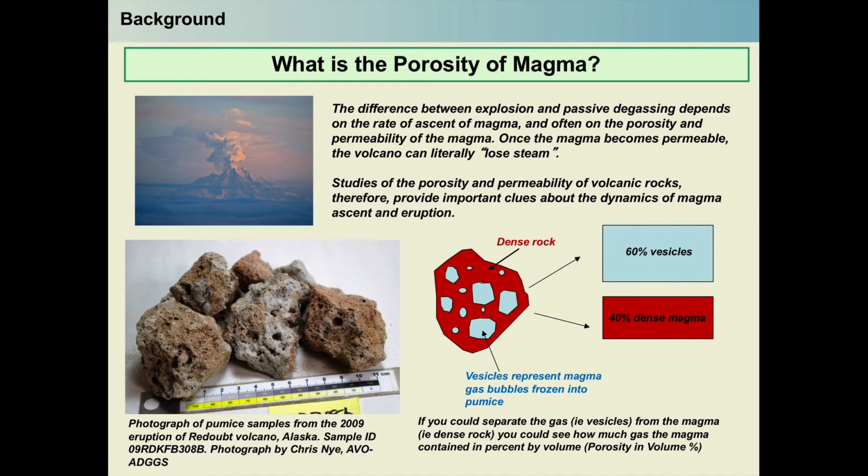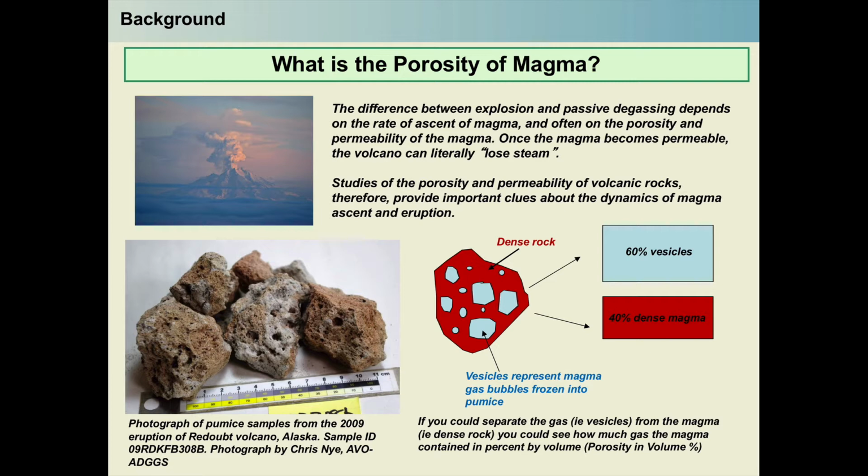When you have an explosive eruption and that magma fragments and forms pumice, the pumice is full of holes, like shown in this picture on the lower left, where you can see holes in these samples from the 2009 eruption of Redoubt volcano, which was highly explosive. Those vesicles in that pumice represent fossil bubbles that were once gas bubbles present in that foamy magma before it erupted.